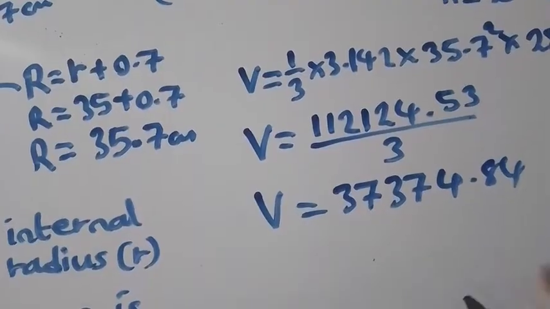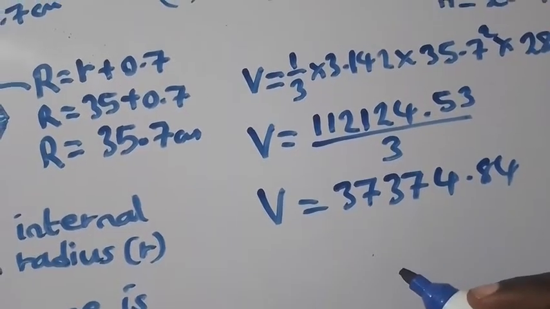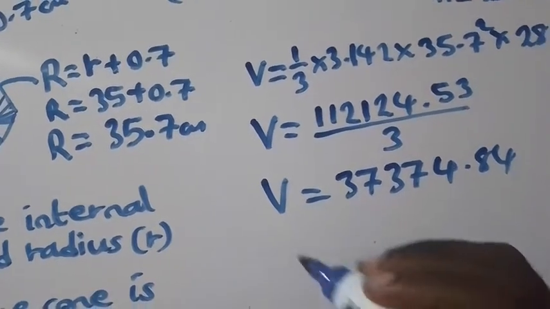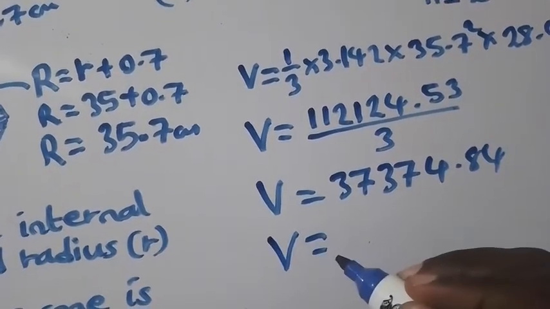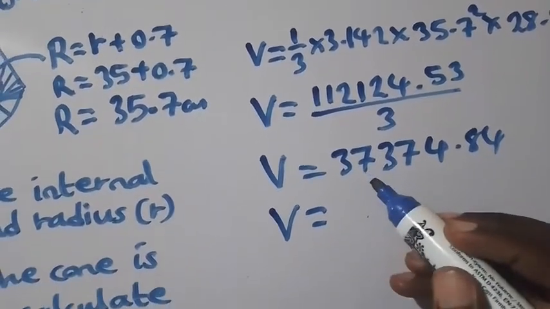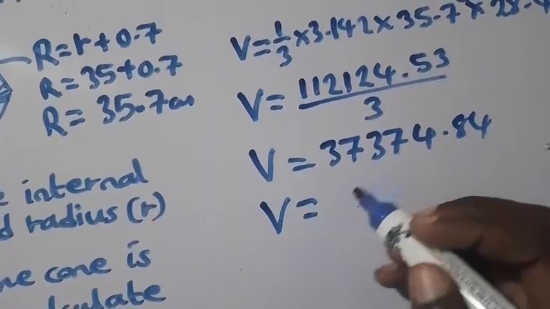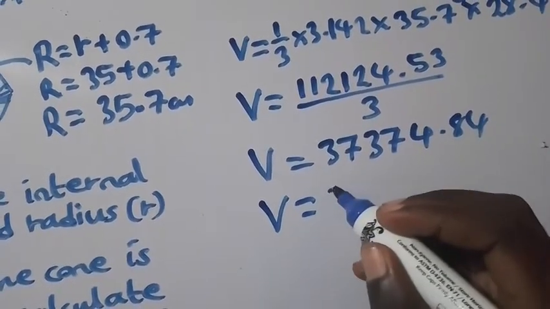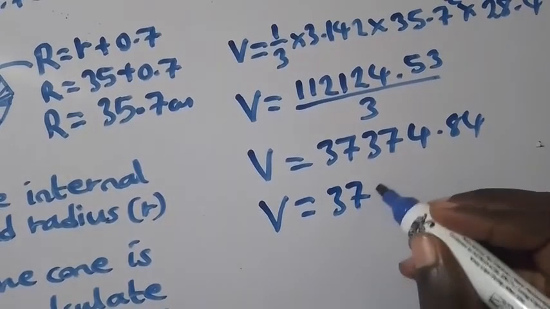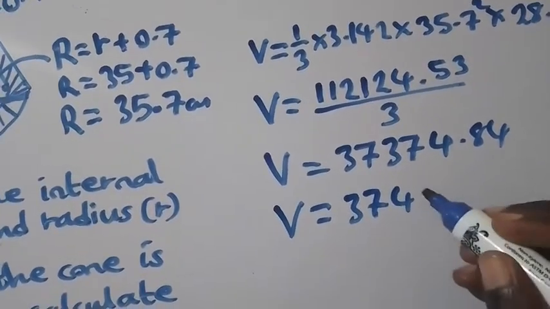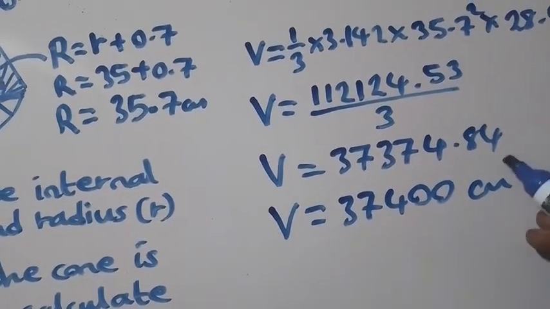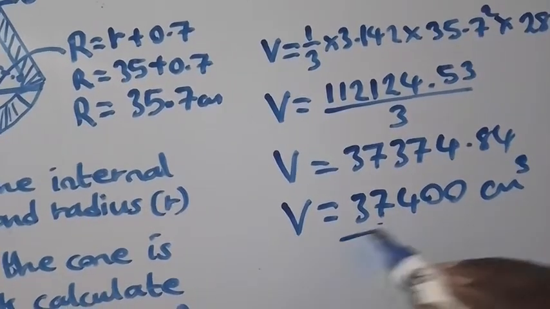So this is the volume of the larger cone, or the outermost cone. So now if we round off to 3 significant figures, we are going to have 37,400 cubic centimeters.